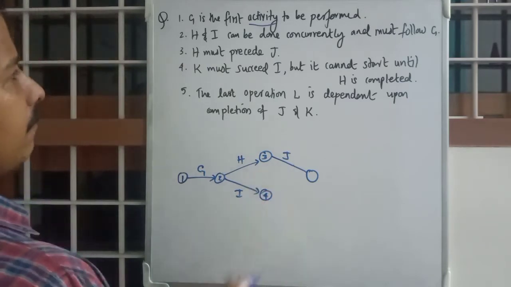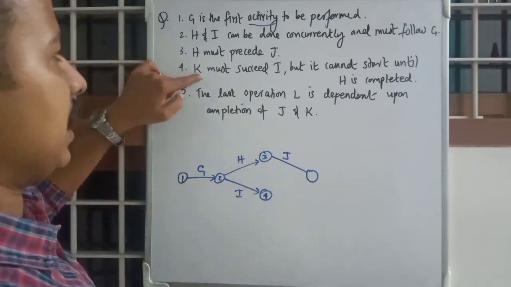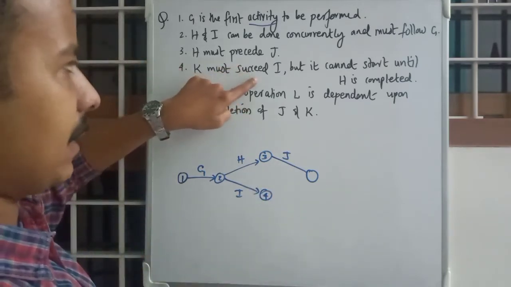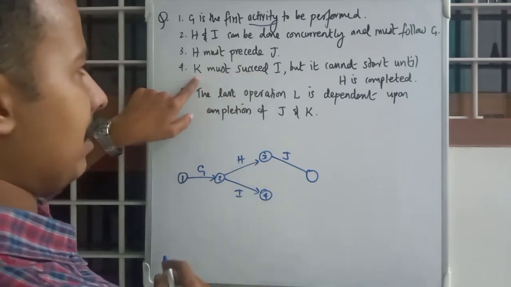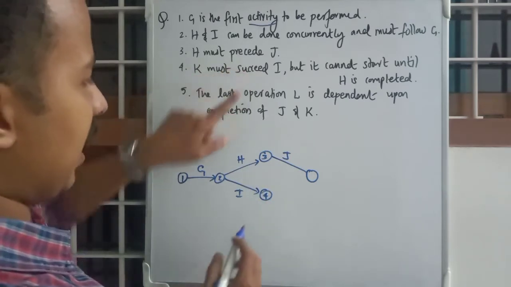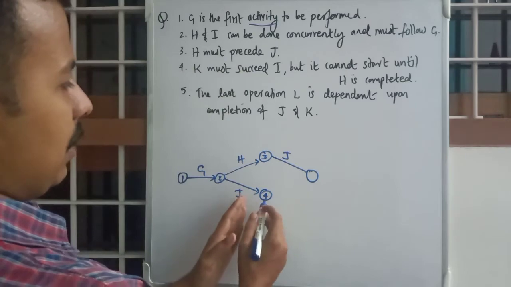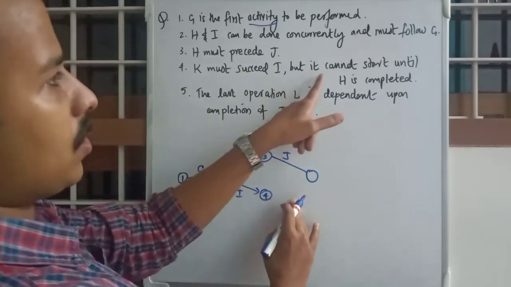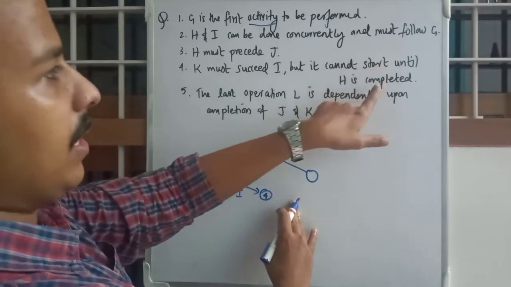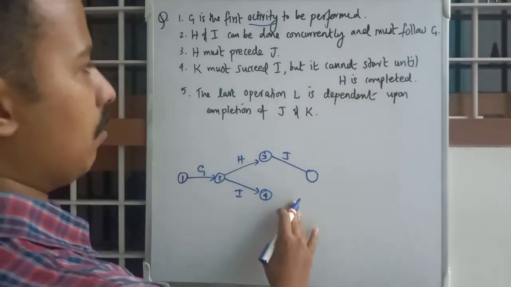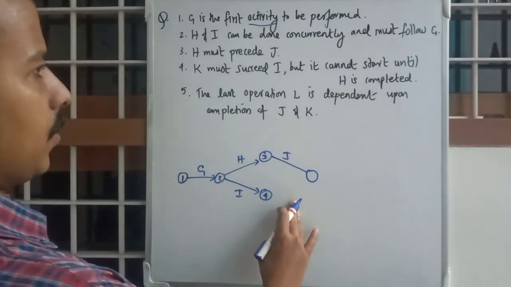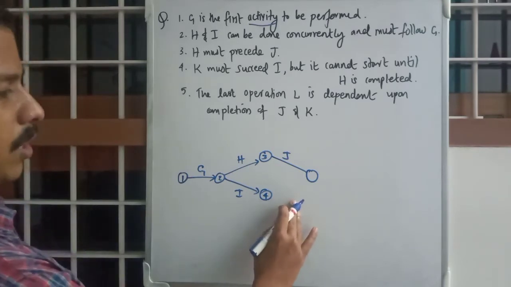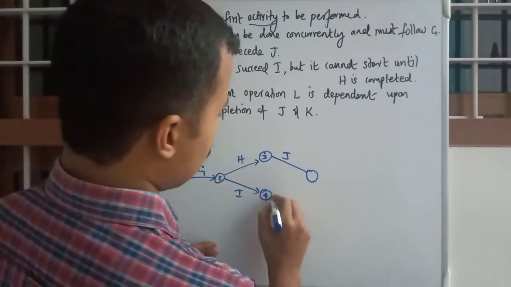Okay, so J. Fourth condition, K must succeed I. K is the new activity, must succeed I. Succeed means K will be coming after I, but it cannot start until H is completed. Okay, it cannot start until H is completed.